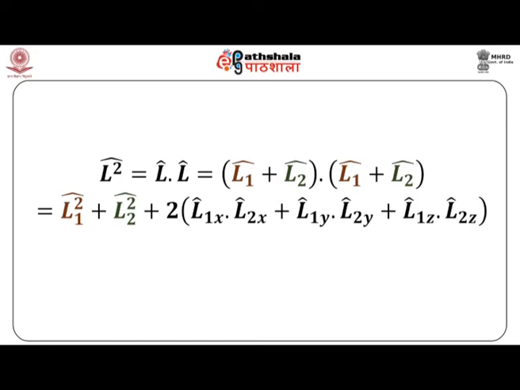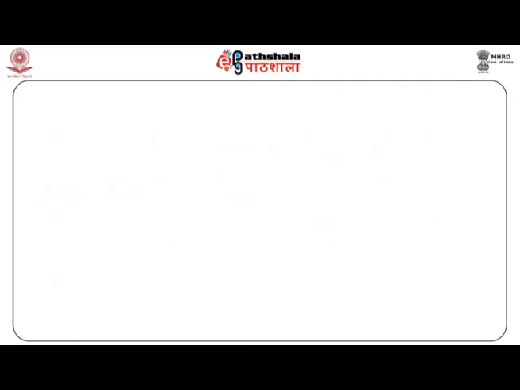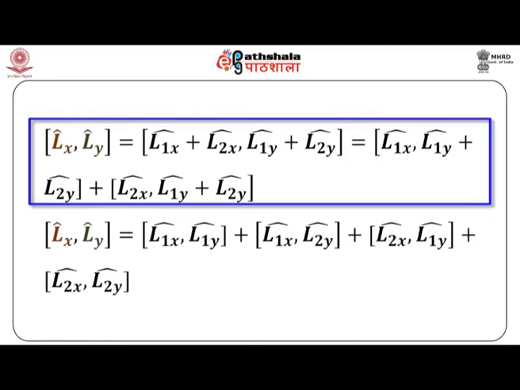Now, to simplify this equation, we will show that the components of total angular momentum obey the usual angular momentum commutation relations. Starting with the commutation of Lx, Ly, substituting their values, we get the commutation relation between L1x plus L2x, comma, L1y plus L2y, which can be further simplified to the commutation of L1x comma L1y plus L2y, plus the commutation of L2x comma L1y plus L2y.